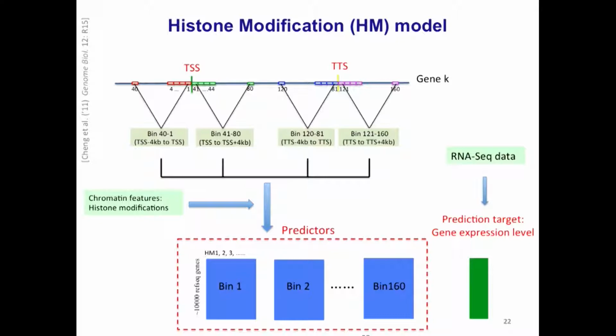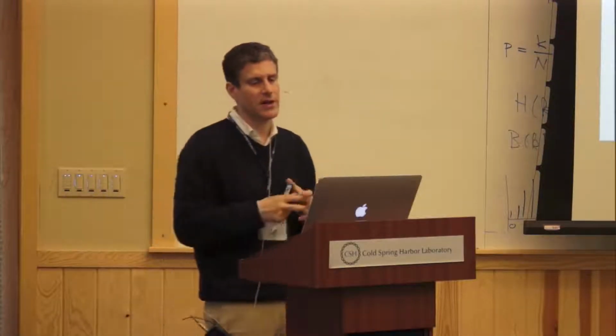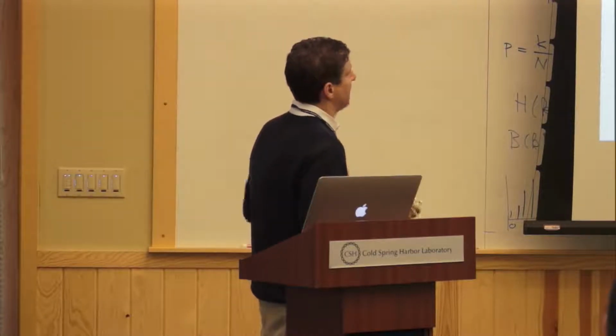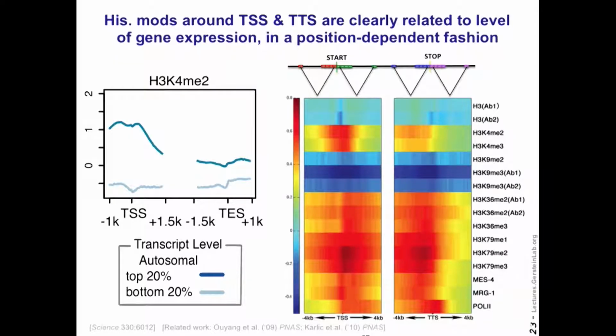Now, you can do this individually for one gene, but you can also do it in aggregate, averaged in a statistical way for many, many genes. So let's just talk about what the data looks like in an average fashion. Remember I talked to you about these aggregation plots. Imagine we took the TSS of every gene, and we averaged the level of, say, this particular mark, H3K4me2, around the TSS.